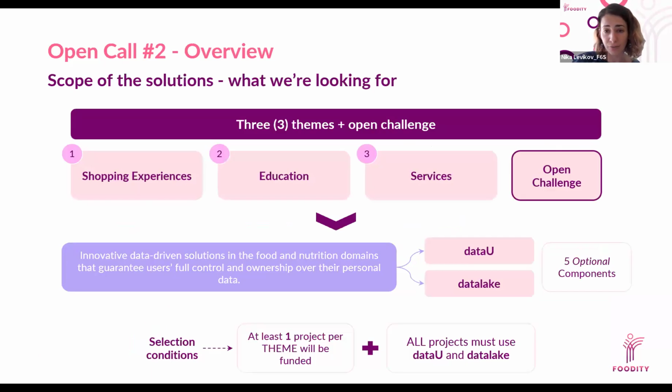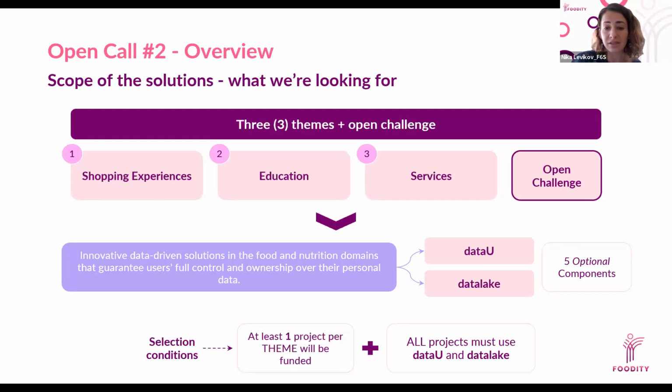What are we looking for? Just like in the first open call, we have 3 thematic areas that are quite broad. We did this intentionally because we want to see what kind of innovative ideas you may have that we have not thought about ourselves. And there are a lot of different potential innovations that you can come across in these areas. So the first one is shopping experiences.